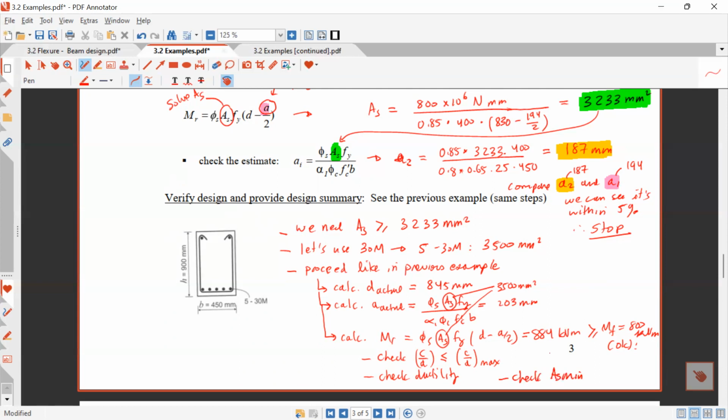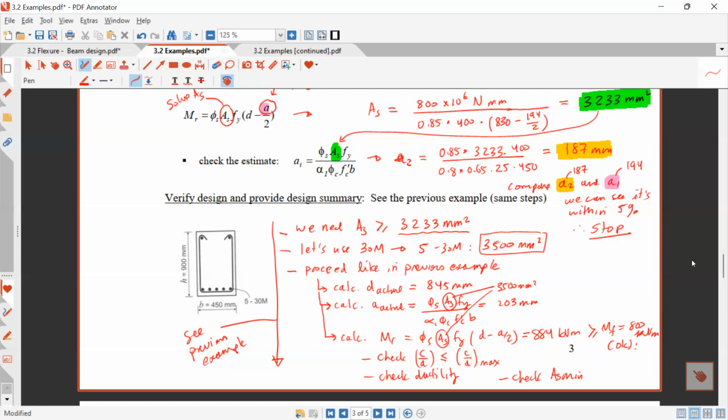So basically exactly like we did in the previous example, right? Exact same steps. The only thing that was different is how we found this 3,233 millimeters squared. After we do this and we choose the 530 M's, it's exactly like we saw in the previous example.